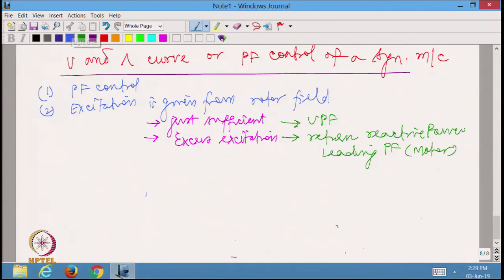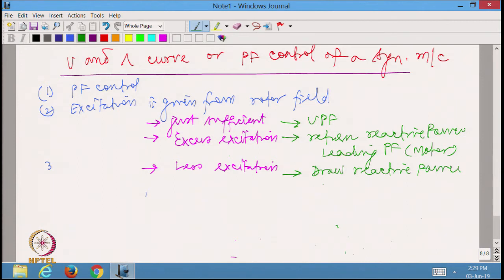And if I am going to have the excitation slightly less or there is a shortfall, then I might have to draw some amount of reactive power from actually the grid, which means I will have to make the machine function as an inductance.